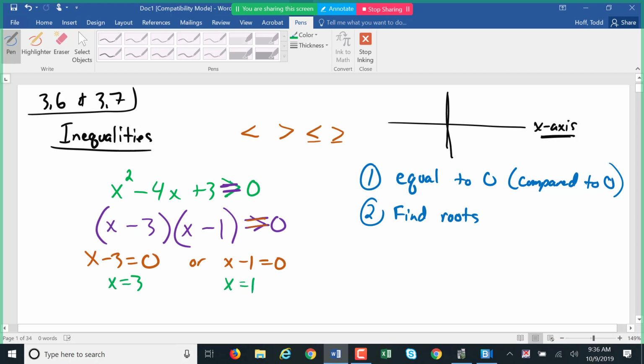Those are roots. And what I'm going to do is plot them on an xy graph. So there's x equals 1 and x equals 3. Those are the roots.